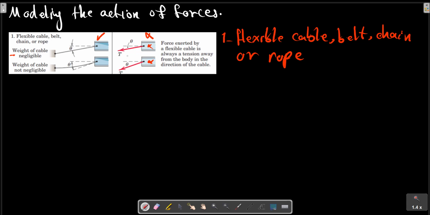Two types of tension: type 1, the weight of the cable is negligible, and the second one, the weight of the cable is not negligible. The difference is in the theta and the direction of T on the structure.